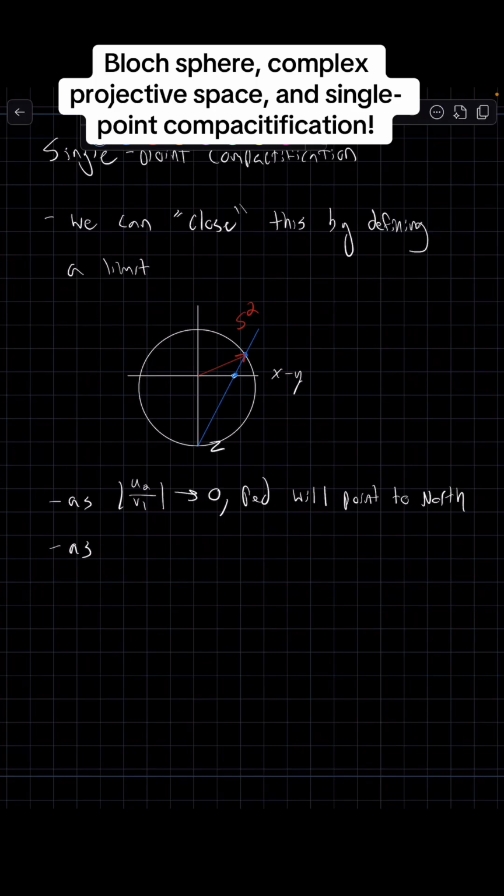And as u2 over u1 goes to infinity, let's say we have a point root 4 here, the intersection will be right here.